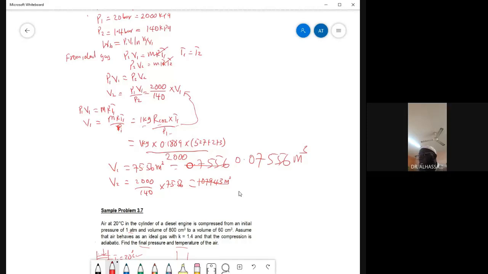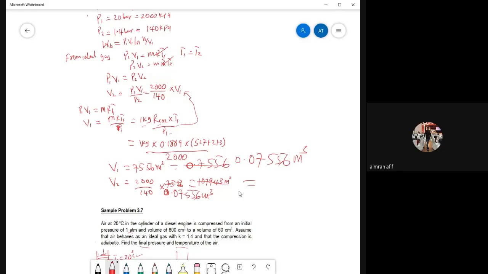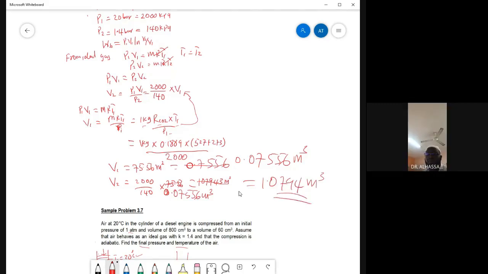So I'll cancel this, and put 0.07556 meter cube. So you mean the final answer is 1.0794. Okay, thank you. Thank you very much.